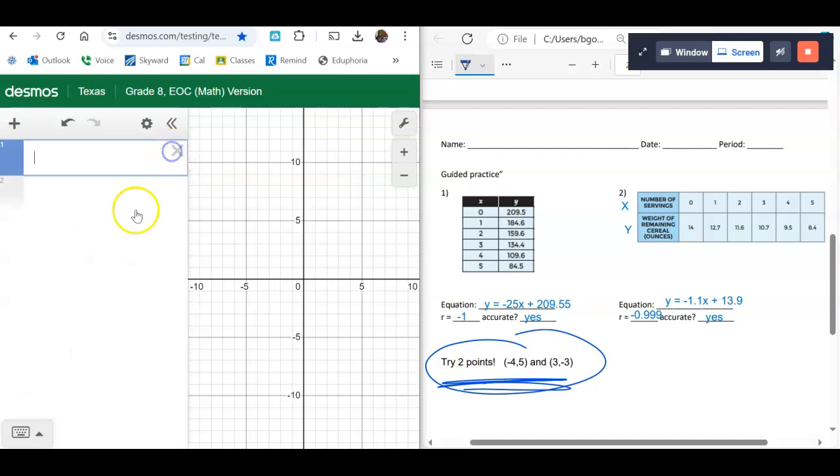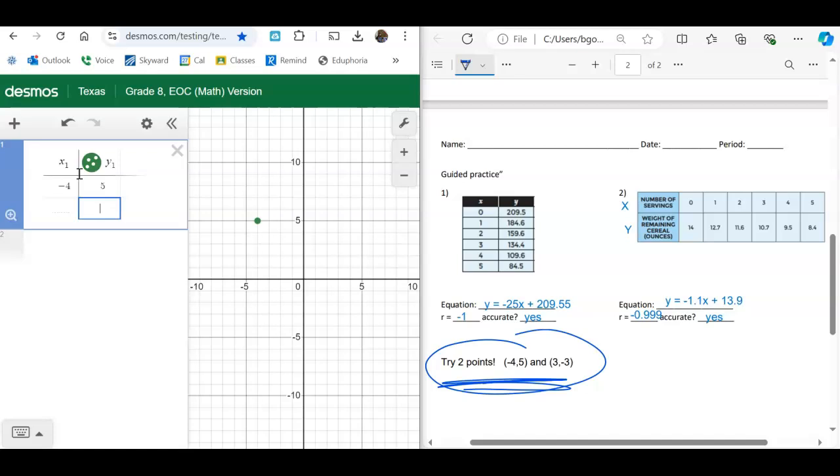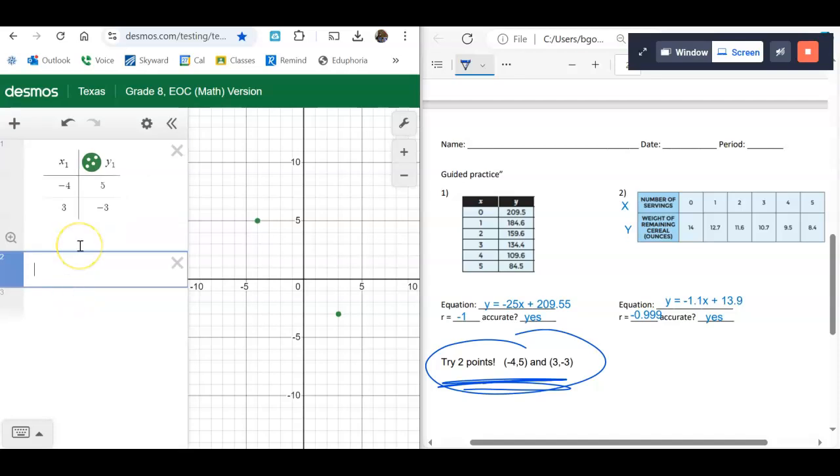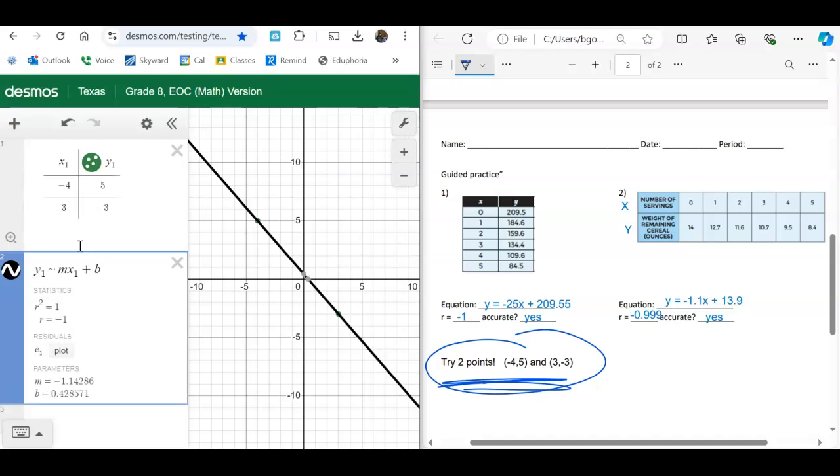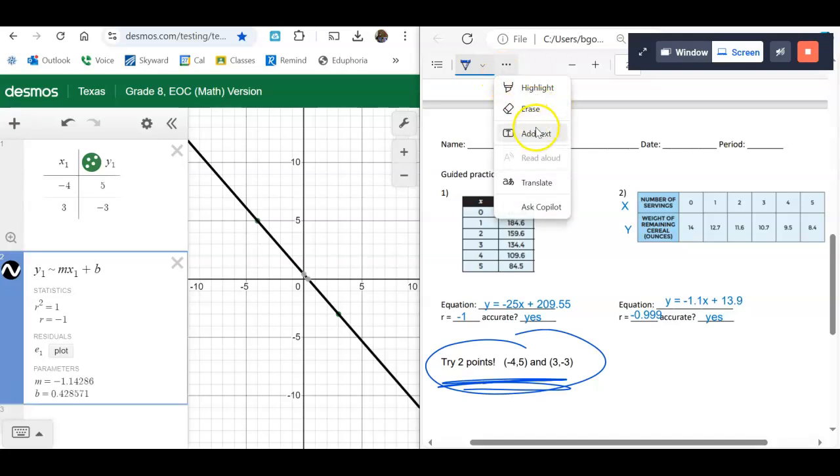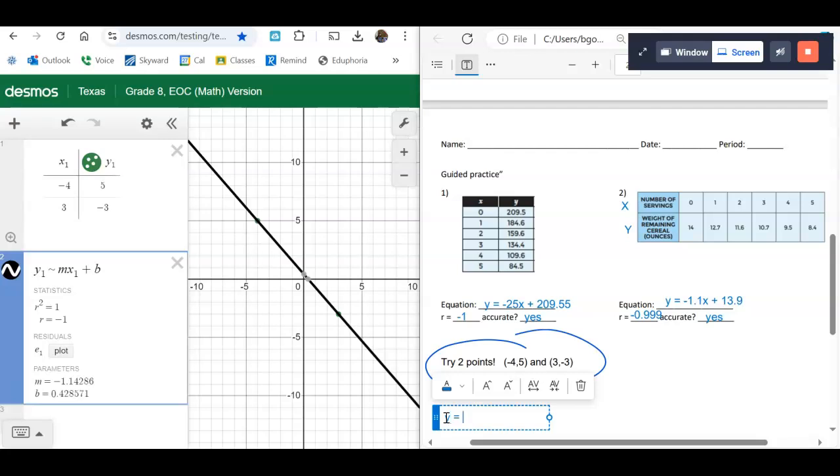I'm going to do that for you real quick. If I go to a table, negative 4, 5 is my first point. 3, negative 3 is my second point. I can still do y1 squiggle m x1 plus b. And it's going to give me my equation. So even if you just have 2 points.